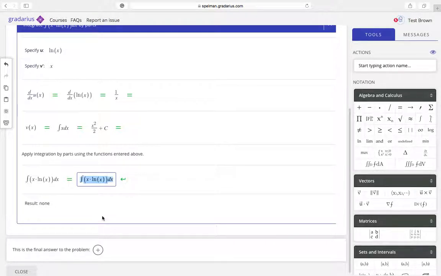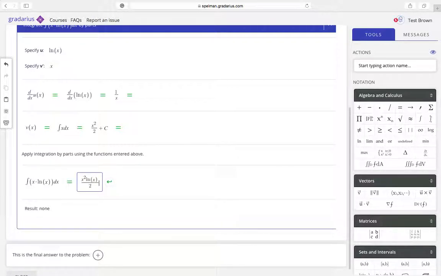All right. So we already know. So that's going to be, again, x squared times natural log of x over 2 minus the integral of, I'm actually going to use our simplified version since we did this already, 1/2 x dx.